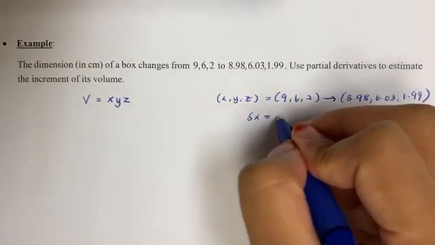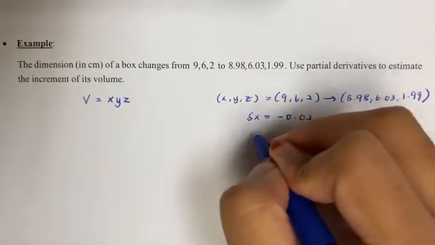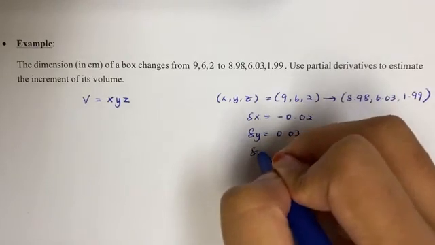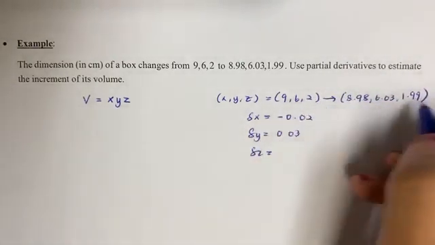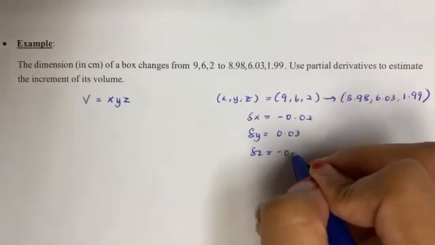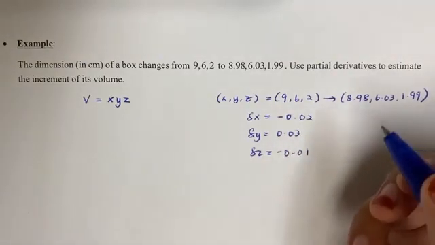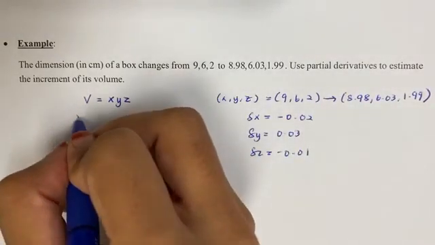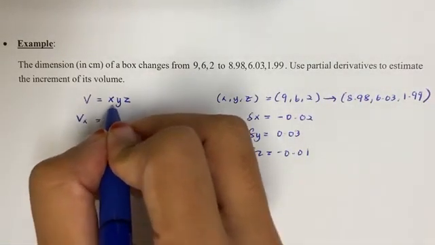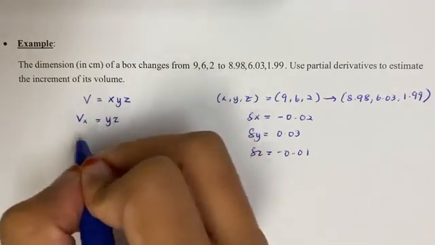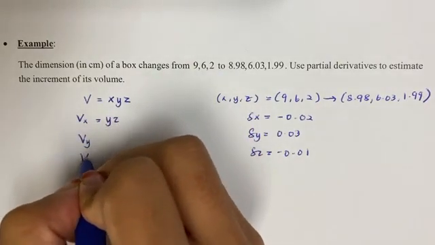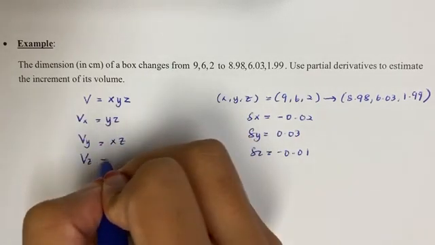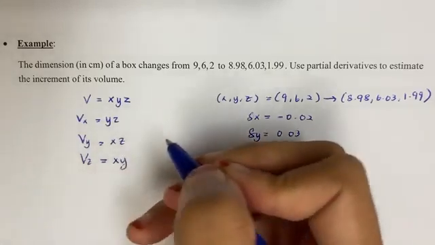So from here you can find delta x. Delta x is equal to minus 0.02. Delta y is equal to 0.03. And delta z is equal to minus 0.01. Okay, you have delta x, y, z. Then find Vx, differentiating V with respect to x. It is yz, and for Vy you have xz, and for Vz you have xy.